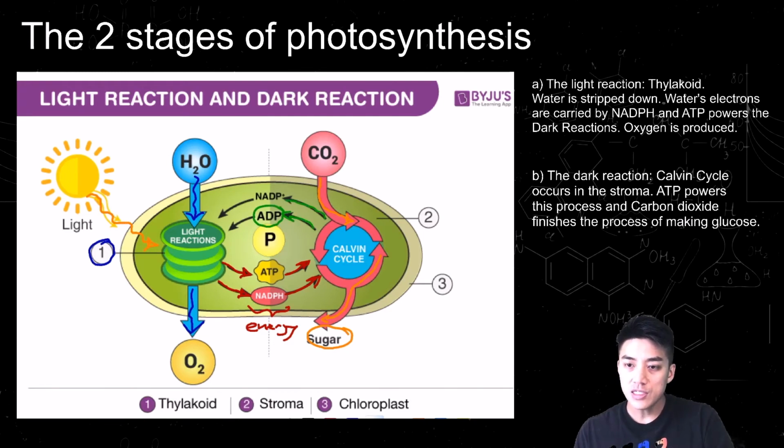So once your ATP and your NADPH have been spent, they get spit out again. Okay, and they get spit out as ADP and NADP+, which then re-enter the light reactions, and the cycle continues. So water gets stripped down, ATP and NADPH then power the Calvin cycle, and it helps change the CO2 into sugar, and the cycle just repeats.